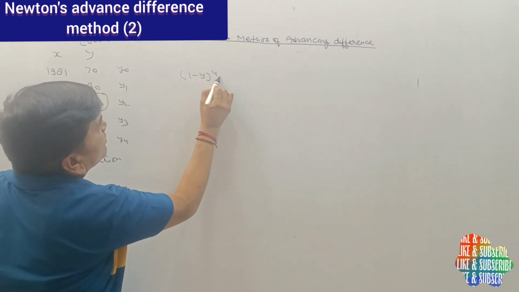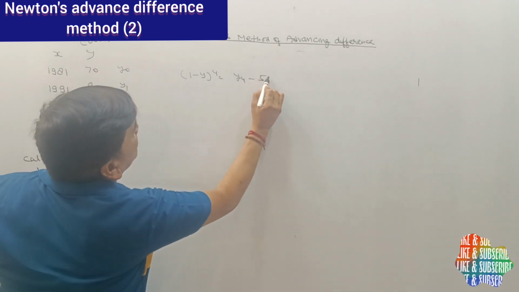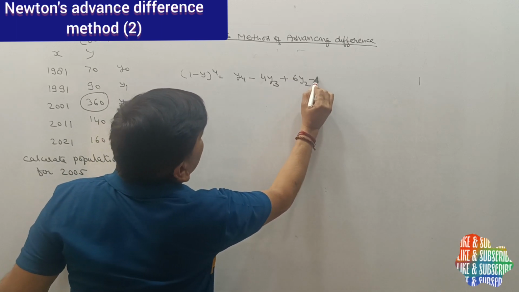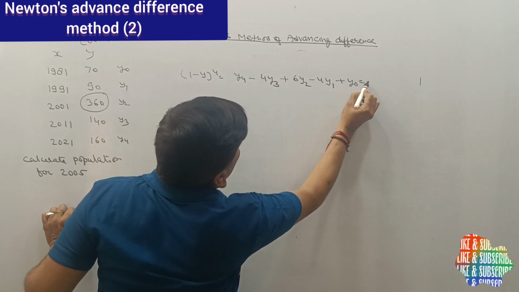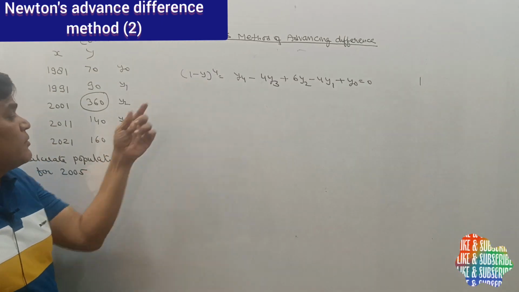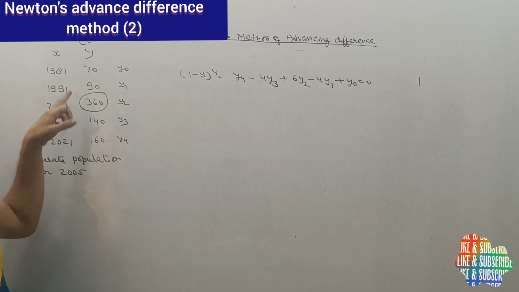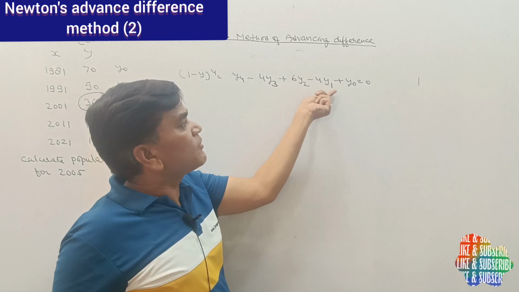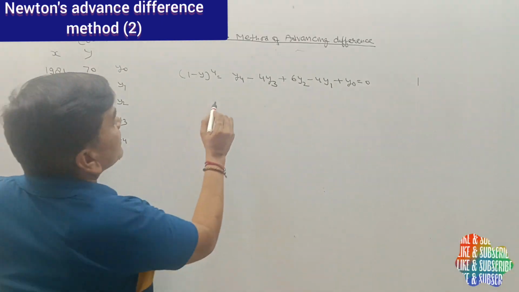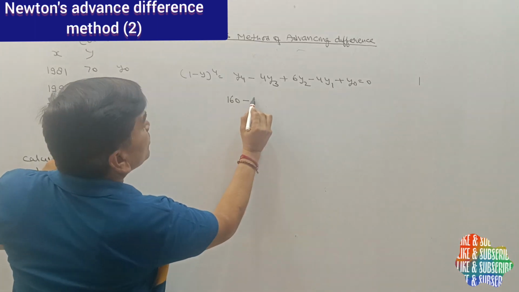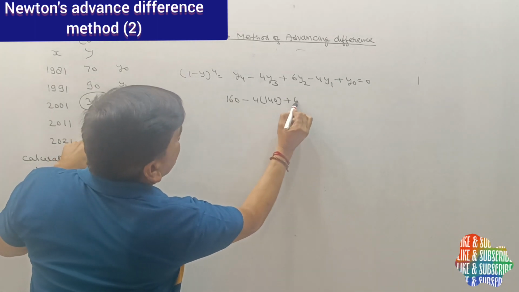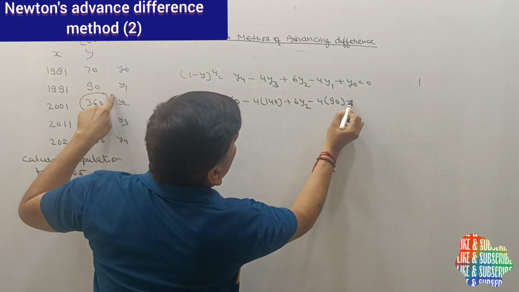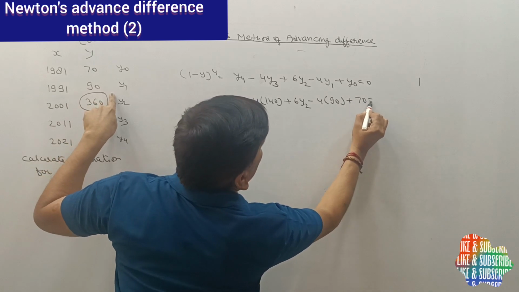(1 minus y) raised to power 4, that is y4 minus 4y3 plus 6y2 minus 4y1 plus y0 is equal to 0. That is the expansion, because the maximum is y4, given 1, 2, 3, 4. Putting the values: 160 minus 4 multiplied by 140, 6y2 is not given because this is wrong, minus 4 multiplied by 90 plus 70 is equal to 0.